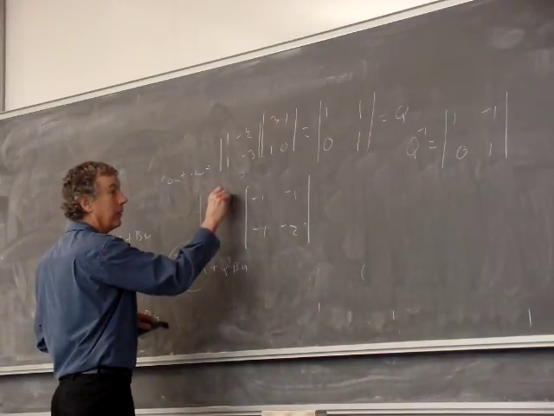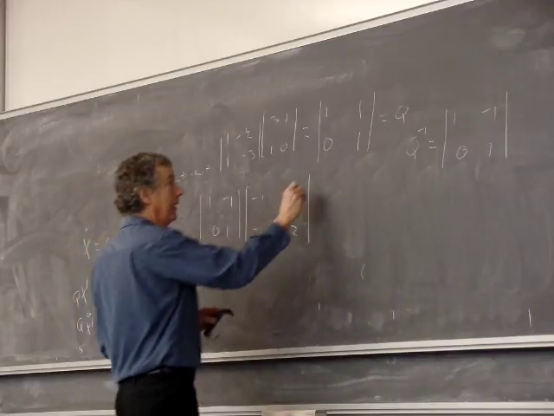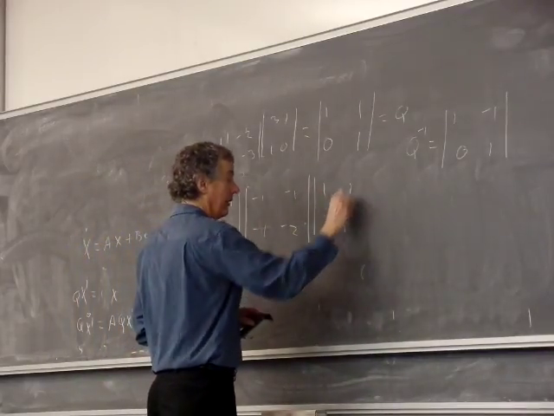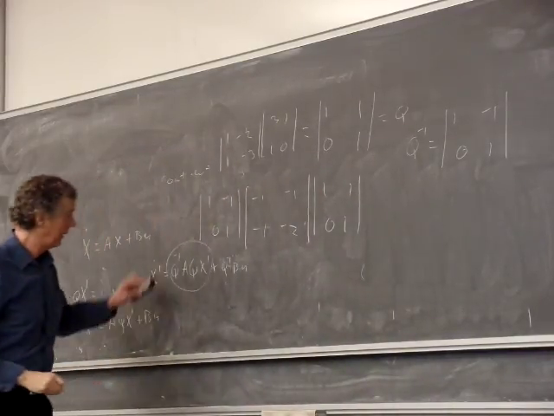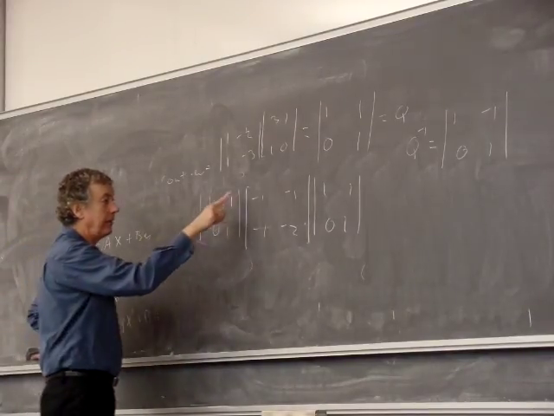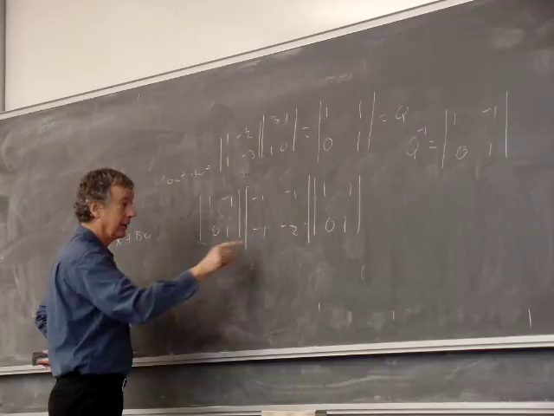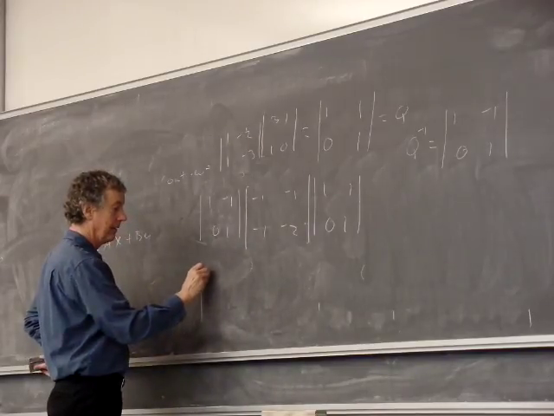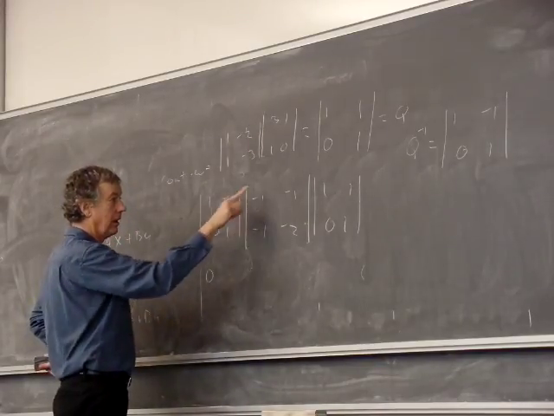Q inverse: 1 times 1 is 0, 1. 1, 0, 1. And it's 1 minus 1 plus 1 is 0.